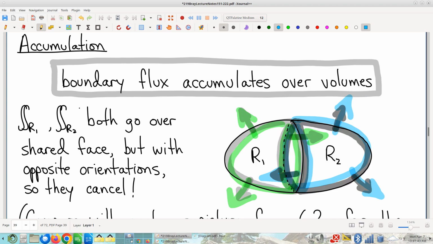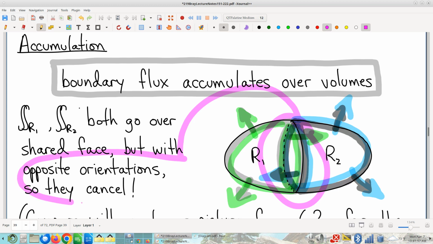And so, just like in the case of Green's theorem, just like in the case of the two-dimensional divergence theorem, what's in the middle appears twice, but with opposite orientations, and therefore the fluxes over those two surfaces are exact negatives of each other, so they cancel.